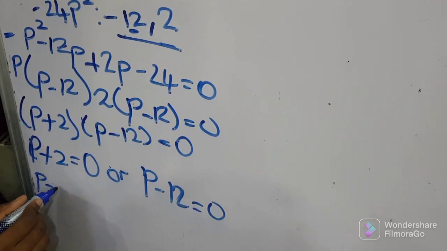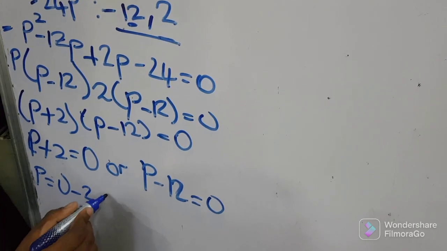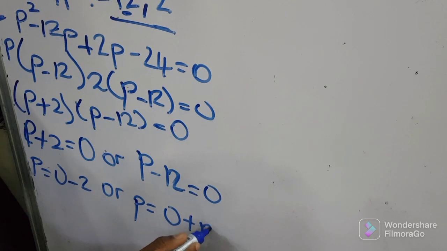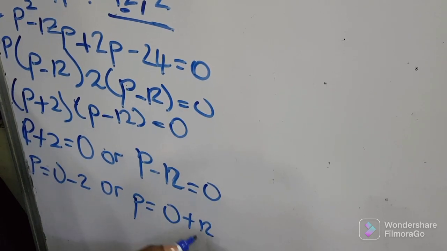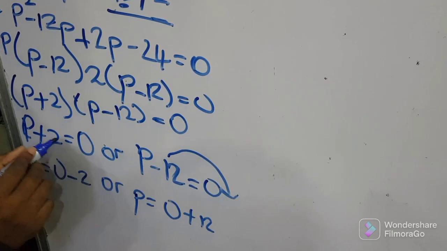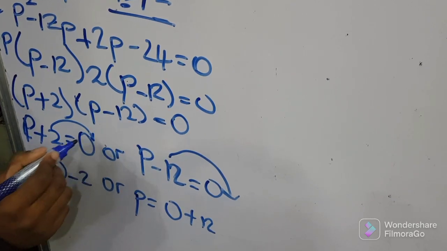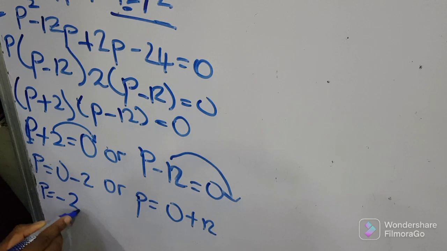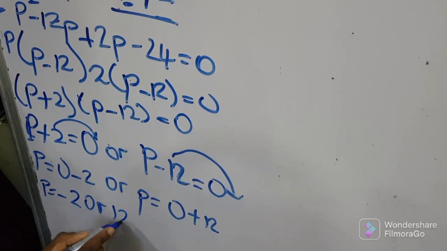P equals to 0 minus 2, or p equals to 0 plus 12. How did I get this? I move this in to make p the subject. P is equal to minus 2 or 12.